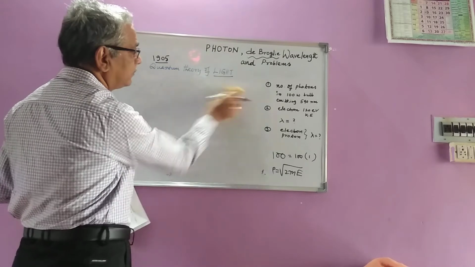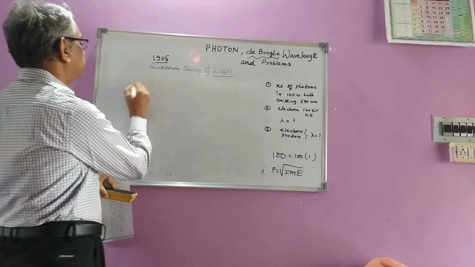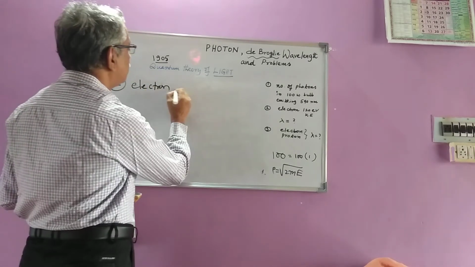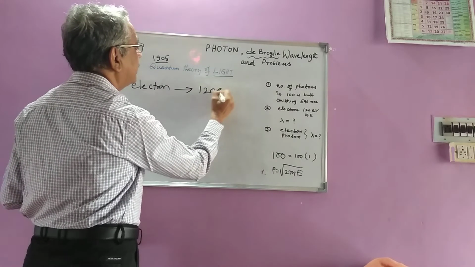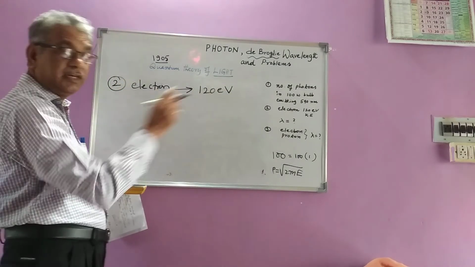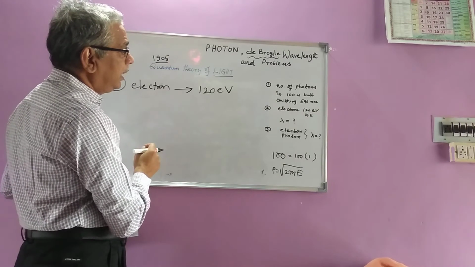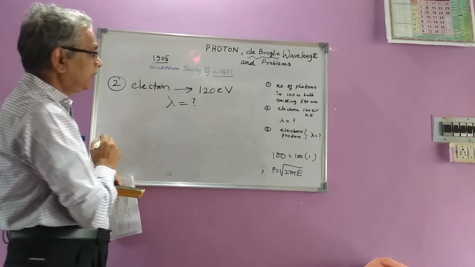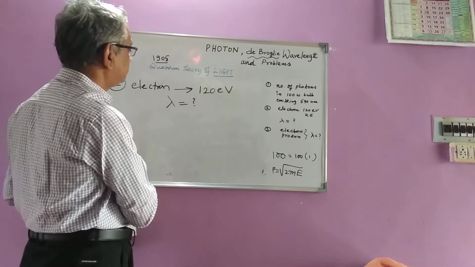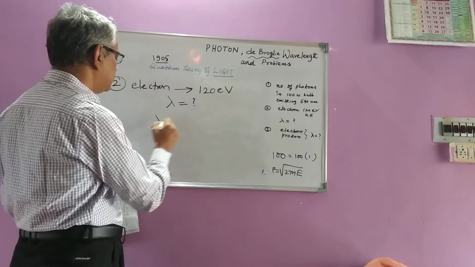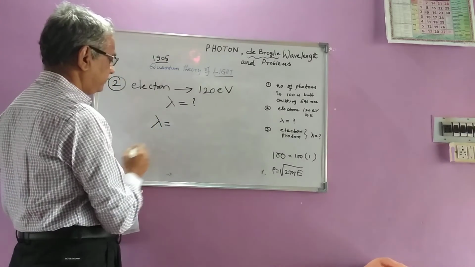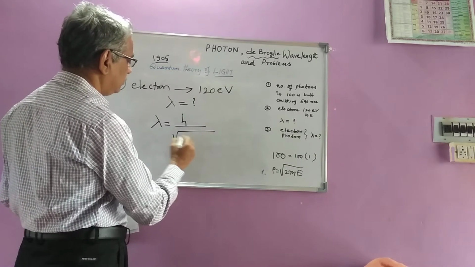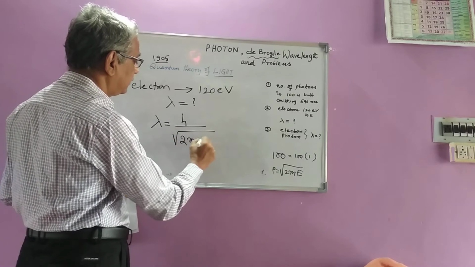Now in this case, an electron is moving with 120 electron volts energy. Now, what is its de Broglie wavelength? That is the question. De Broglie wavelength has to be calculated. Now, the de Broglie wavelength formula, just now I wrote, can be written as h divided by root of 2mE.